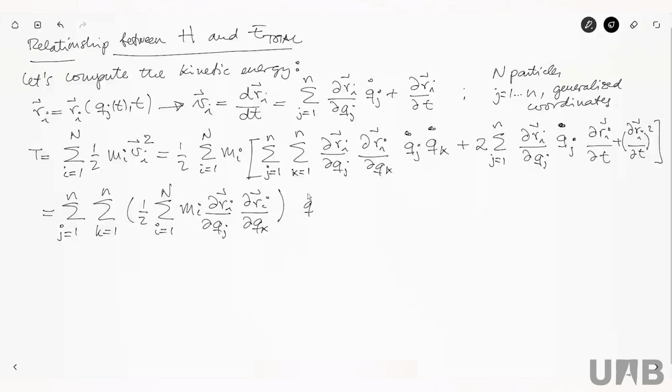So that's the first guy. I just pull this sum from i equals 1 up to capital N inside, and I pull out the two sums with respect to j and k.